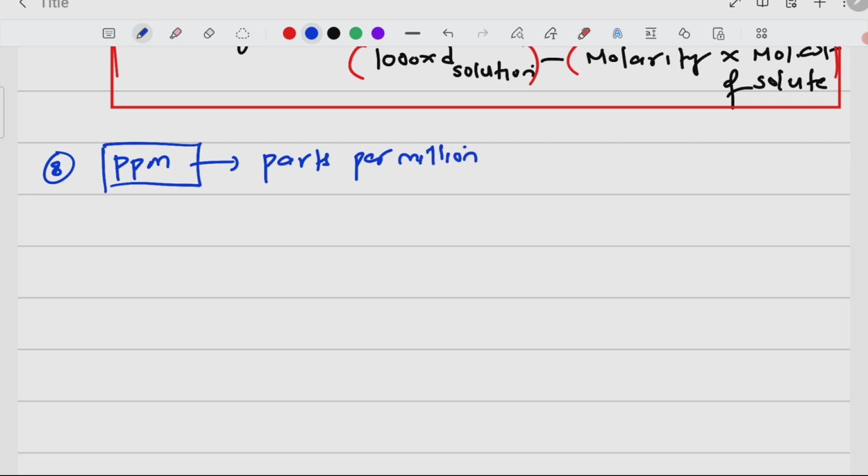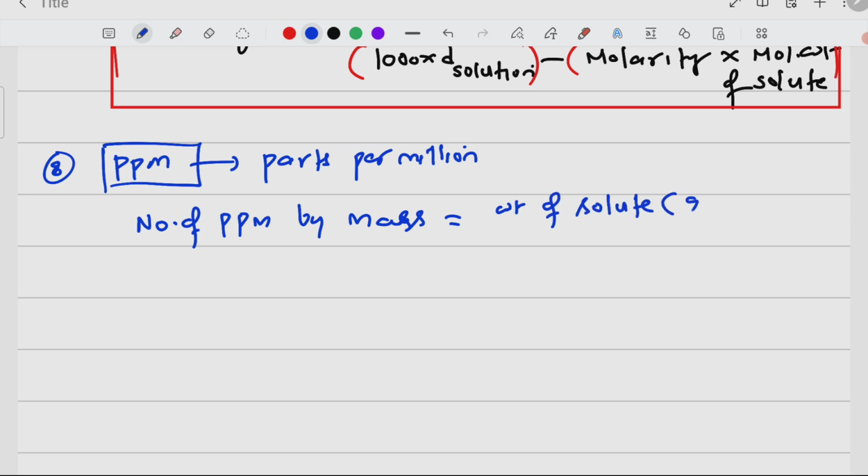How do we calculate ppm? In two ways you can specify ppm. Number of ppm by mass is equal to weight of solute in grams by weight of solution.